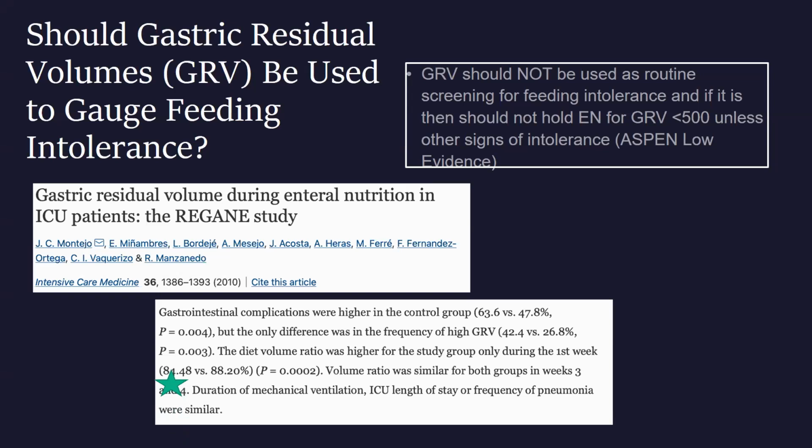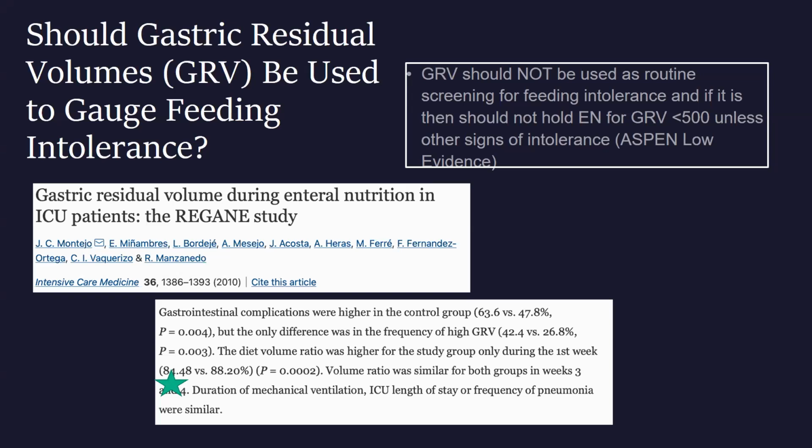So from that, they said, if you're going to do it, you should use 500. But since this time, there's actually been a number of other studies that have shown that even using 500 compared to not using gastric residual volumes at all, there's no difference in outcomes looking at these same endpoints that the REGAIN study looked at. And it's important to note that checking gastric residual volumes is a nursing burden.